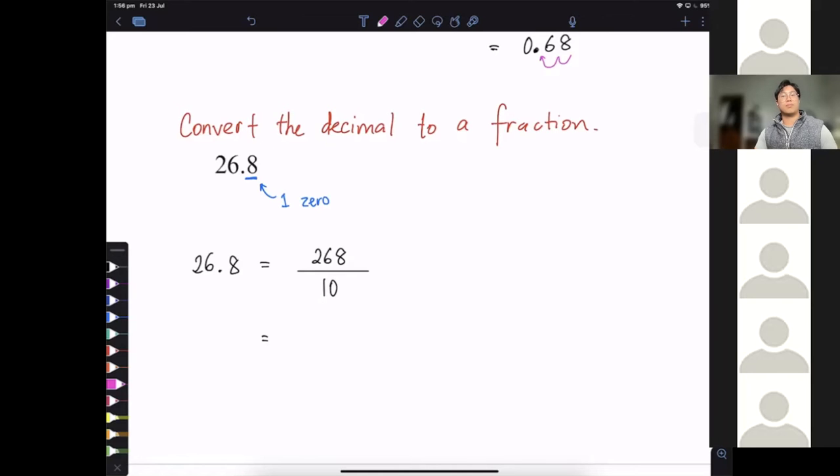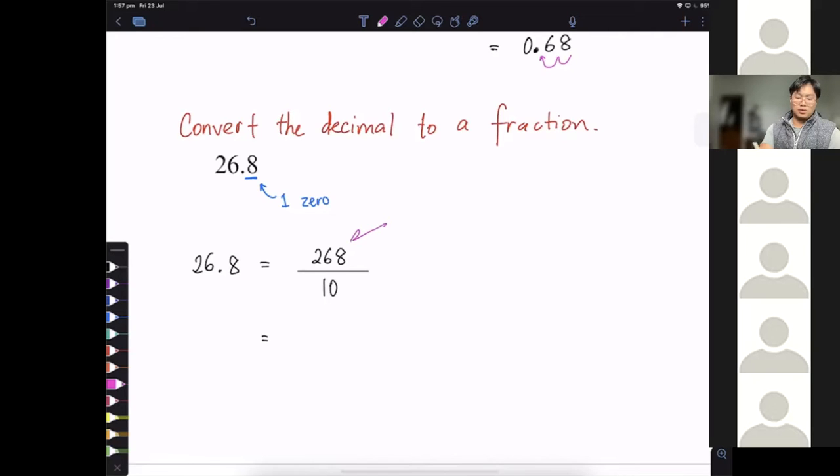You want to divide both the top number and the bottom number. So Angelina? 268 divided by 10. Yep. Can you give us a hand there, Ezra? What would you divide it by? 10?